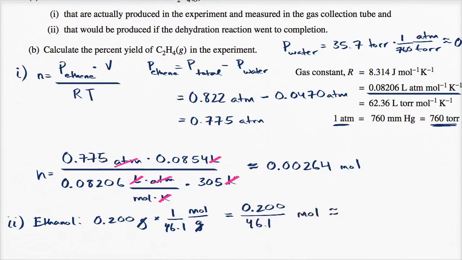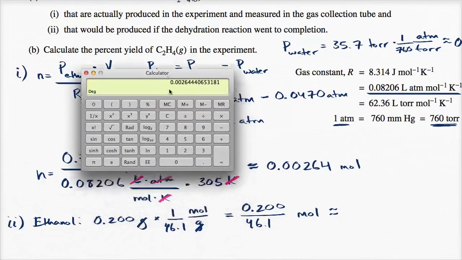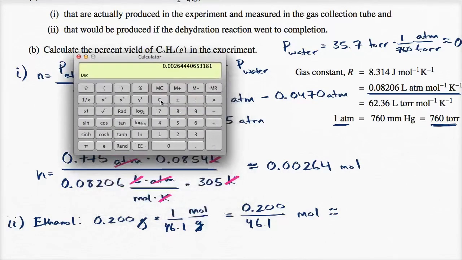And this is going to be equal to, we have 3 significant digits that we're dealing with, 3 significant digits divided by 3 significant digits. So let me clear this. 0.2, I could write 00, but for the calculator's purposes, it's the same thing. Divided by 46.1 is equal to 0.0043.